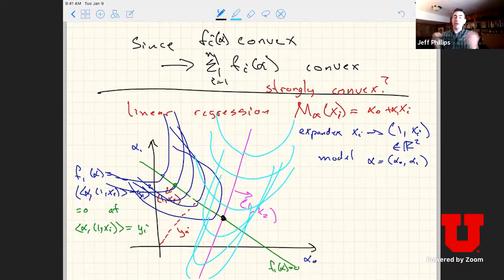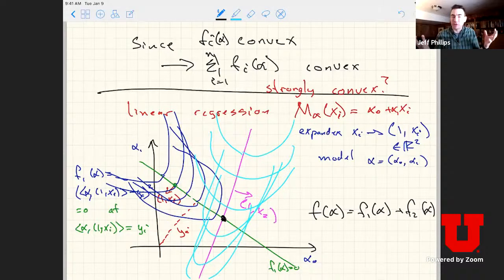Now there's one point where both of these functions I'm adding together are 0. Right now, f of alpha is equal to f1 of alpha plus f2 of alpha. They're both 0 at this black point, so at that point the sum of them is also 0.